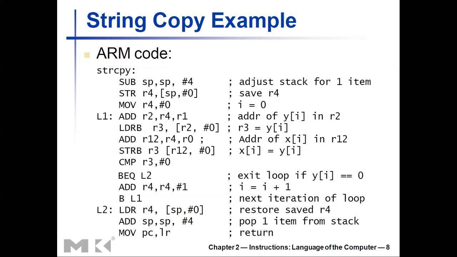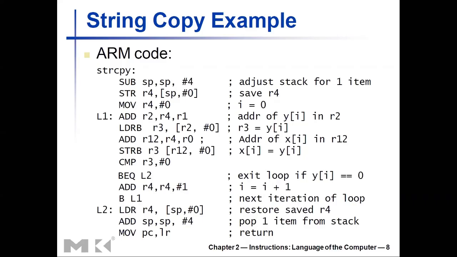We have the base address of y stored in register R1, and also the value of index I, and with that we can calculate yi, the ith element in y. To do that, we can just perform this add operation, add R2, R4, R1.